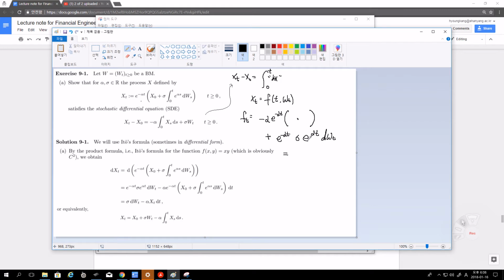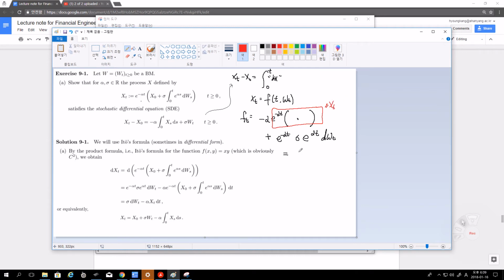If we write it in a cleaner way, then this is clear. This inside part, you know this part is exactly the same as xt, right?